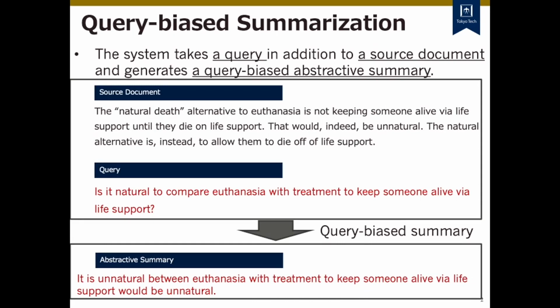For example, this source document explains the difference between natural death and euthanasia. And the query is a question about the comparison between them. In this case, the system summarizes the source document by including the mention on comparison between natural death and euthanasia.